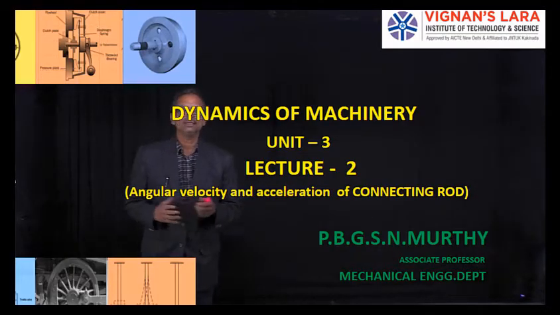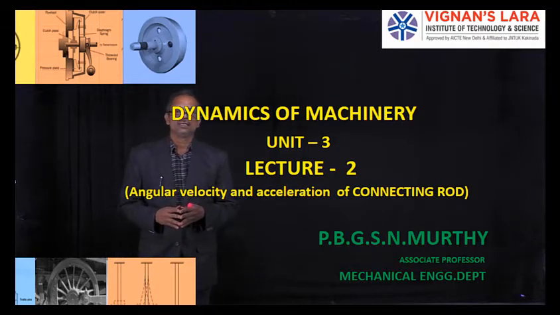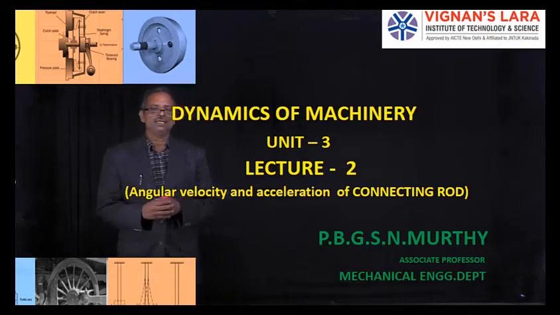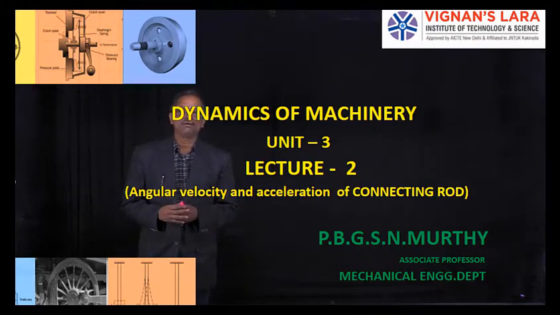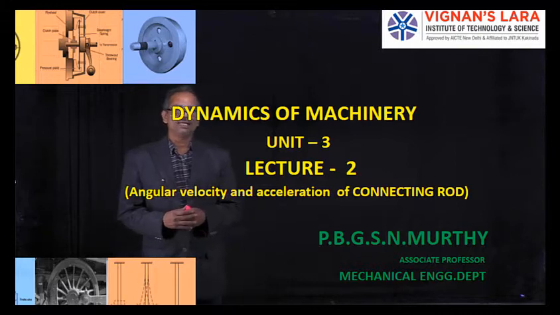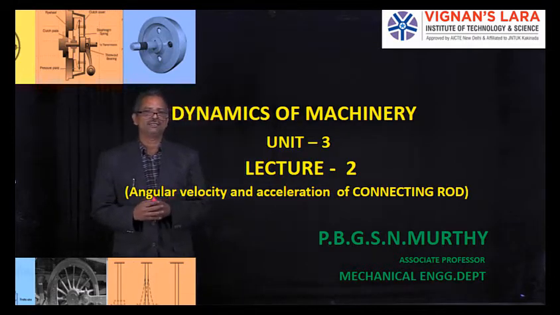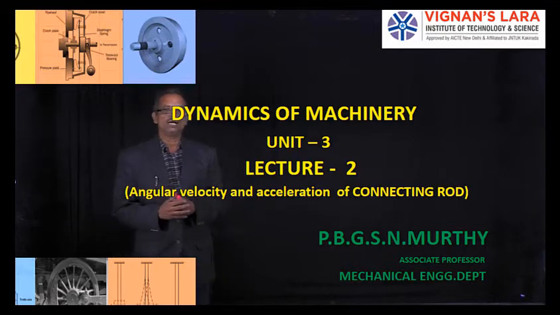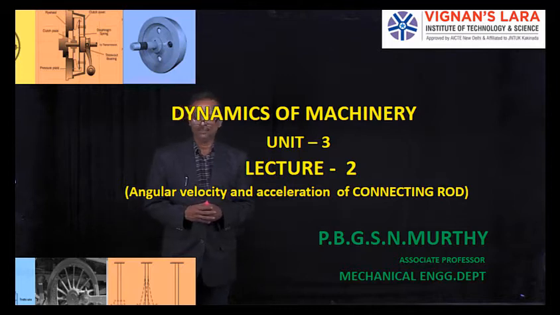So good morning. In the last lecture, we have seen the velocity and acceleration of the piston in a 4-bar single slider crank chain mechanism. In today's lecture, first we will see the angular velocity and acceleration of the connecting rod.